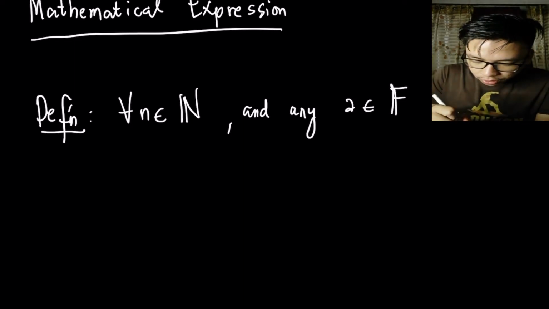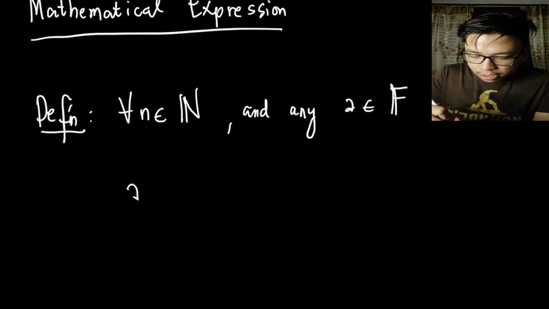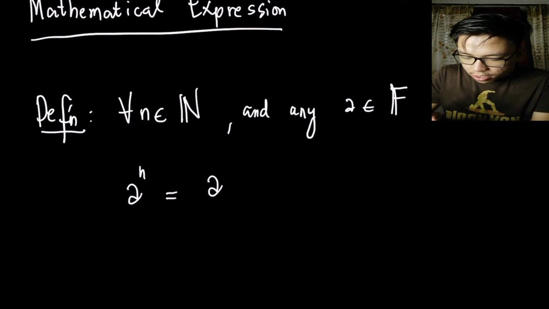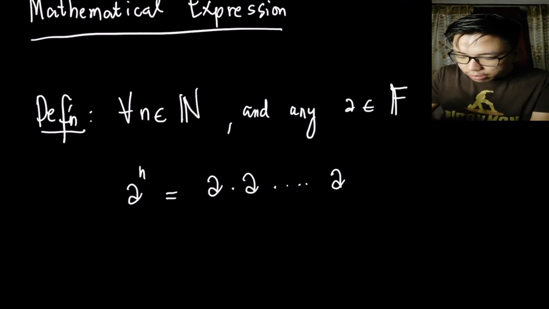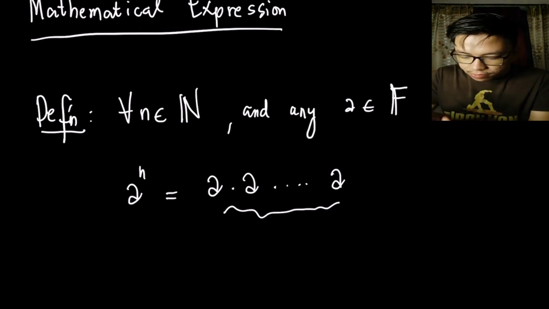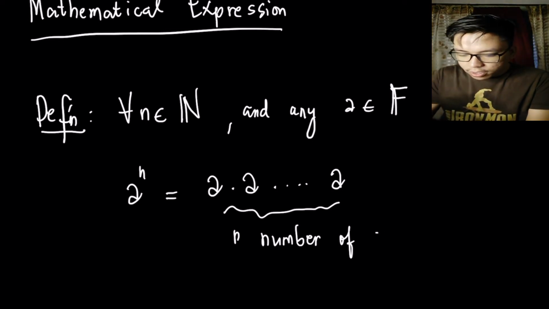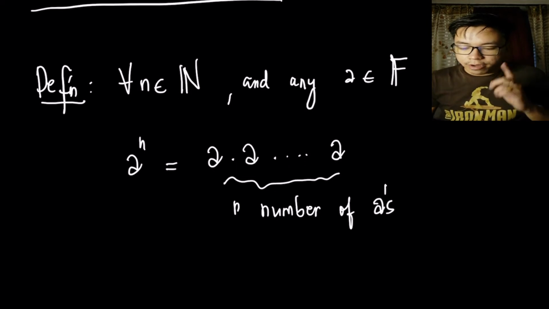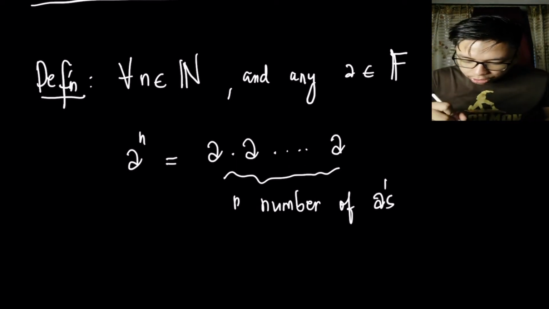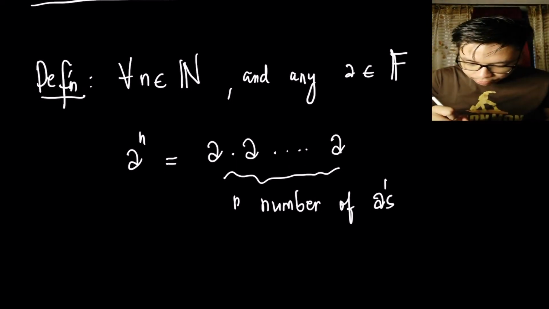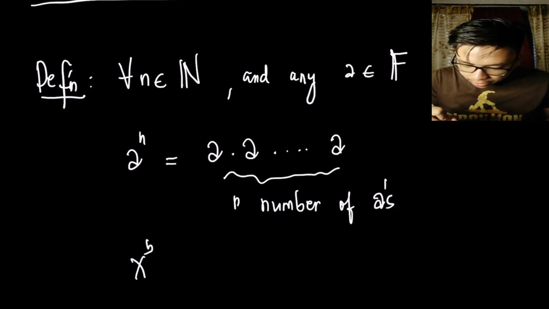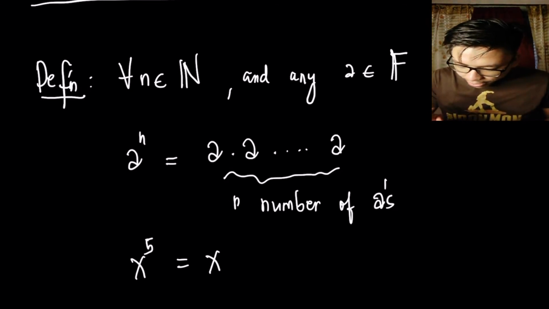Then a to the n implies that you have a times a up until a, where you're multiplying n number of a's. So for example, if you're given x to the 5, you're multiplying x by itself 5 times.